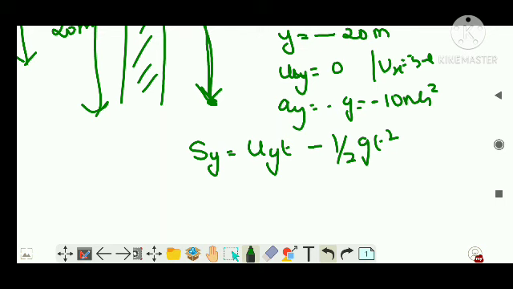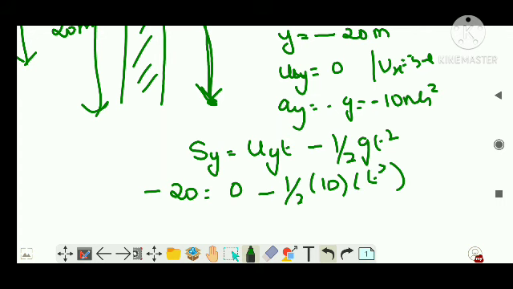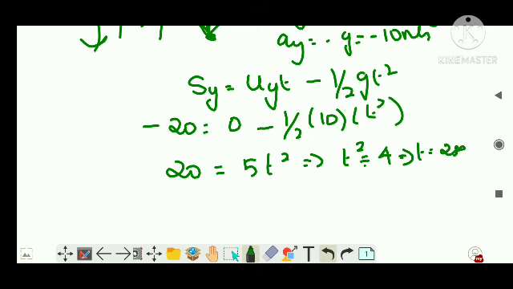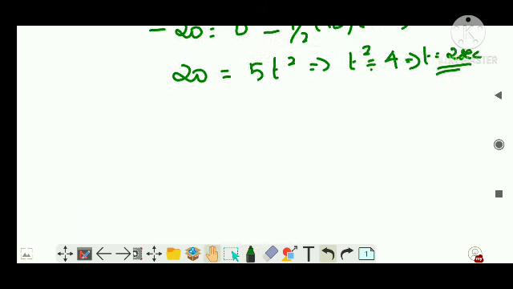So sy is minus 20, uy becomes 0, minus half g t squared, right? So from here I can get the value. Let's do the calculation. Minus minus cancels, 20 equals 5t squared. So t squared is equal to 4, or I can say time is 2 seconds, right? Clear?